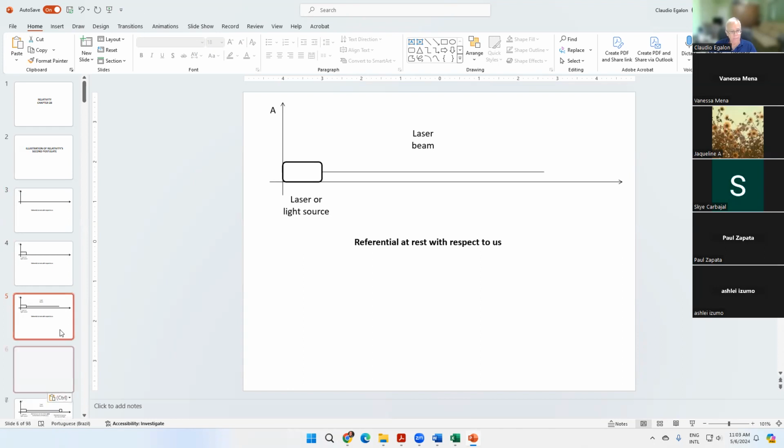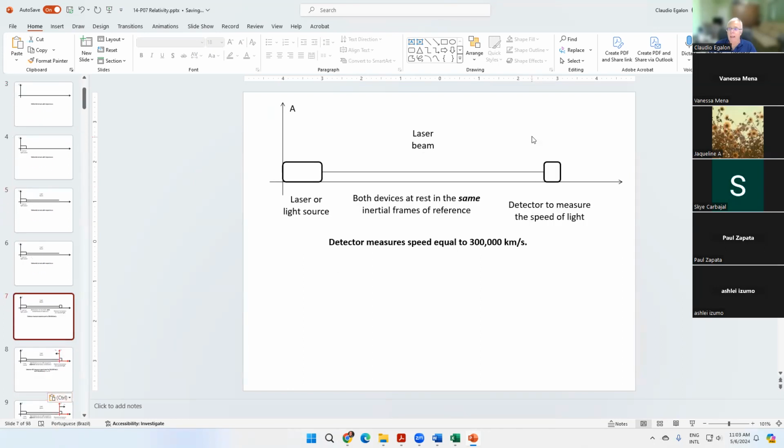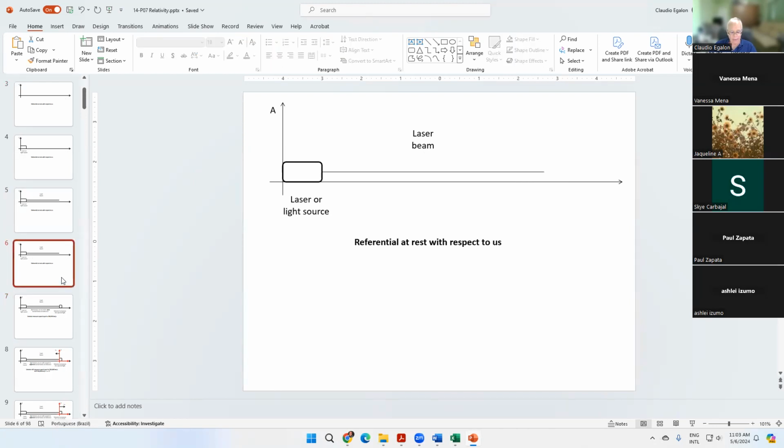And then I'm going to come up with a detector as well, a detector that's going to measure the speed of this light beam. It's possible to do that.